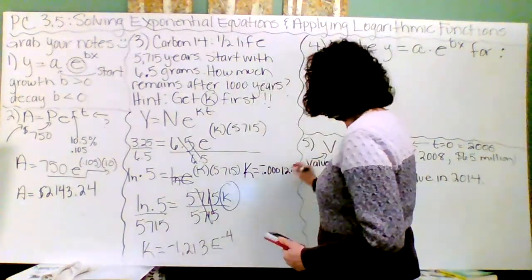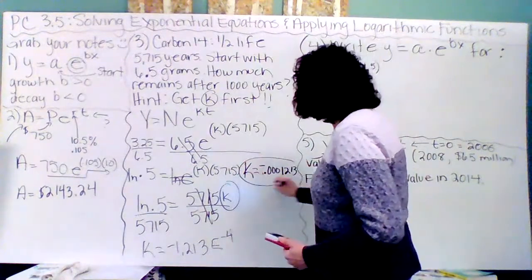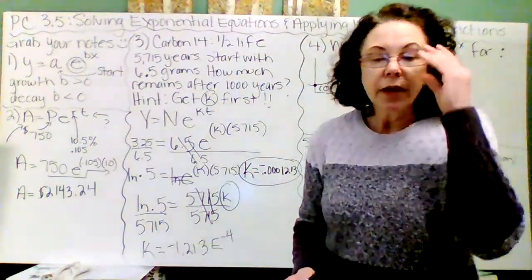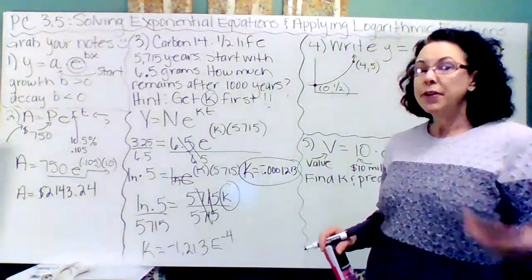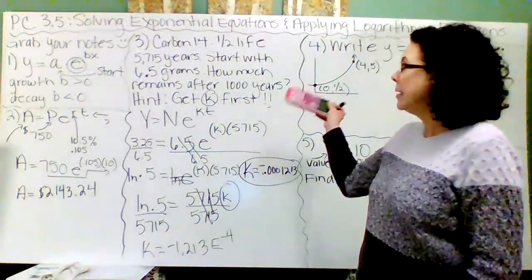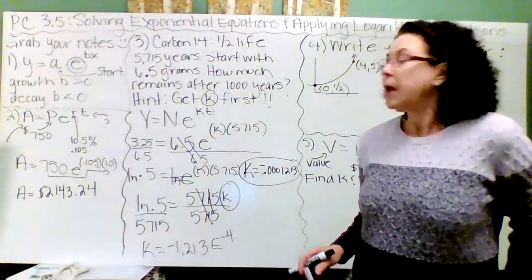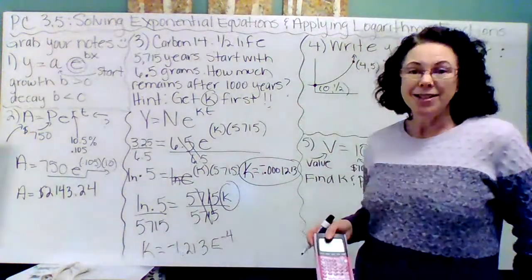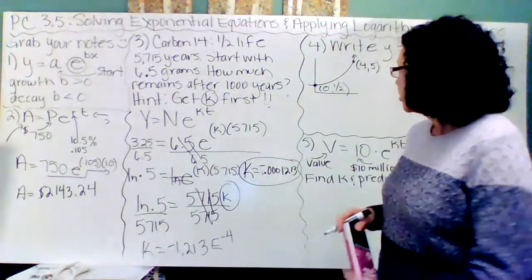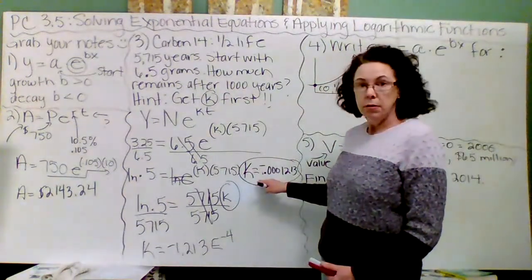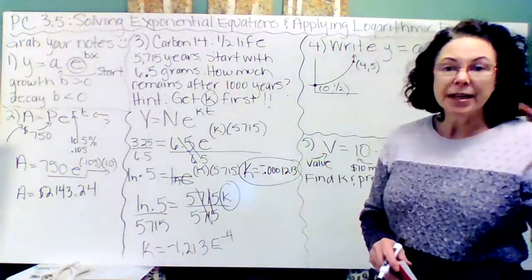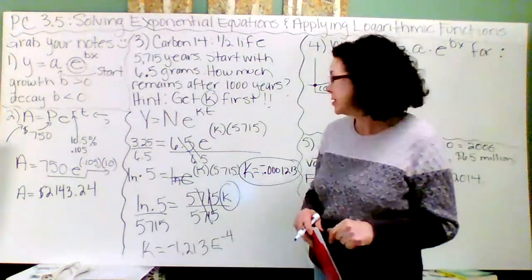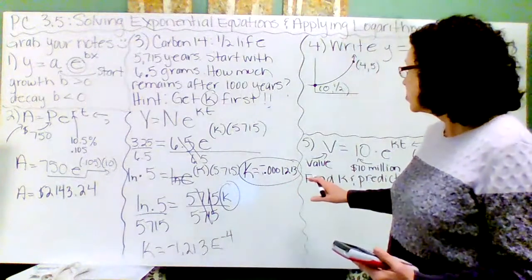You can include the 3 also if you want, but for half-life, your K is going to be negative because it's decaying. It's going to be very small because it takes many, many years for many elements to decay. So you're going to have a very small negative number for K, and you need to go 3 significant digits past the zeros.